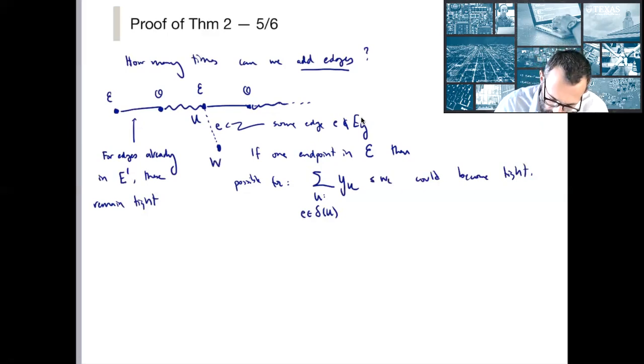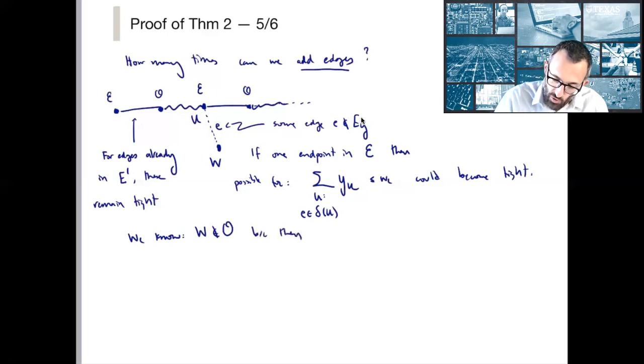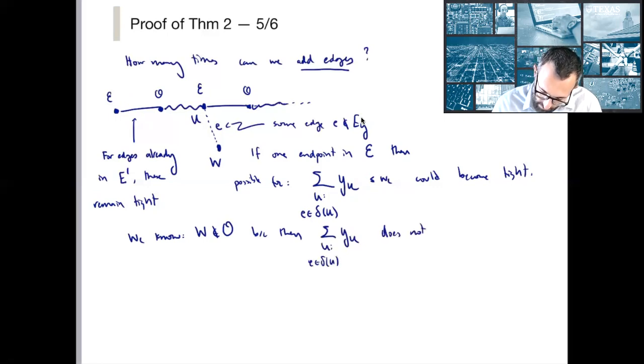First of all, we know that we can't have w be an odd, because if it did, we'd be in a situation like this, and in that case, the balance here wouldn't change. So in other words, this value yu, E and delta of u, does not change. Okay, so we rule out that possibility. So what's left? Either w is in E or it's not in E.